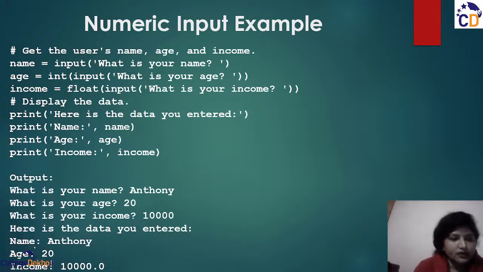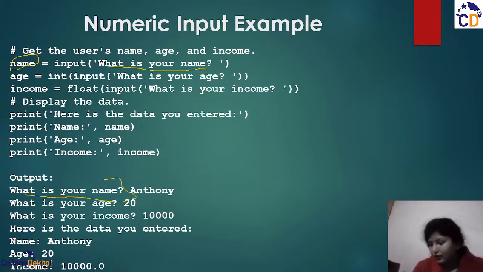Let me show you. This statement is basically asking, what is your name? Now you give the input to this variable, that is Anthony. So it is going to be printed later on.